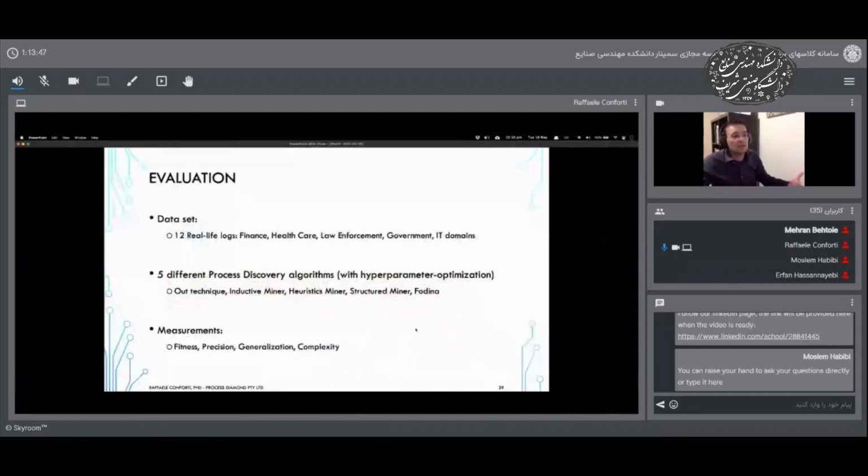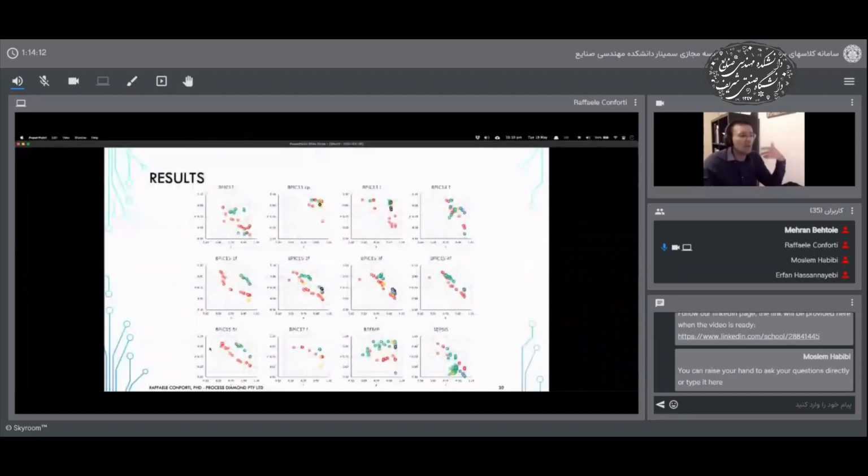So like, okay, which one of these is it? Now our test showed this. We ran it with 12 real-life logs on a variety of domains. We compared our technique with some of the standard process mining techniques, such as Inductive Miner, Heuristic Miner, and Fodina. As usual, we measure fitness, precision, generalization, and complexity, which is simplicity. In this case, ours is the green one.